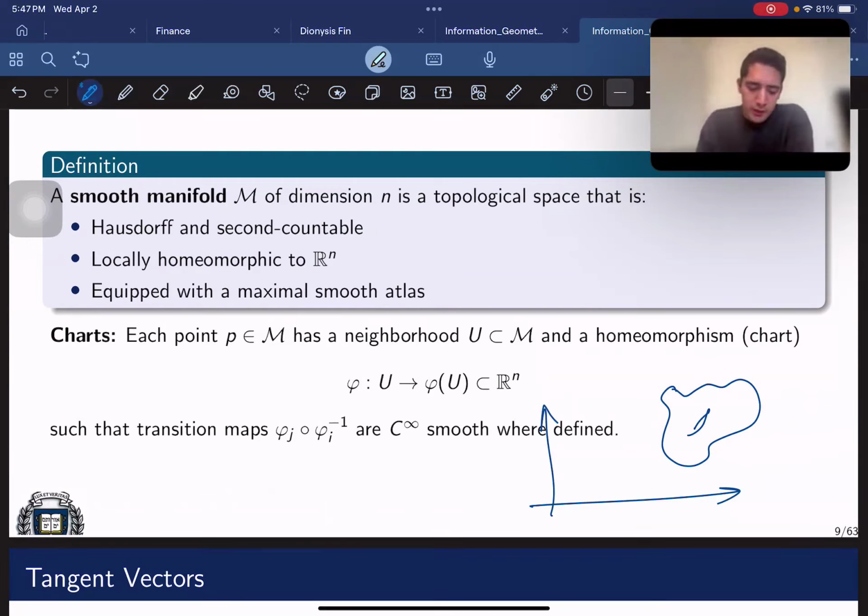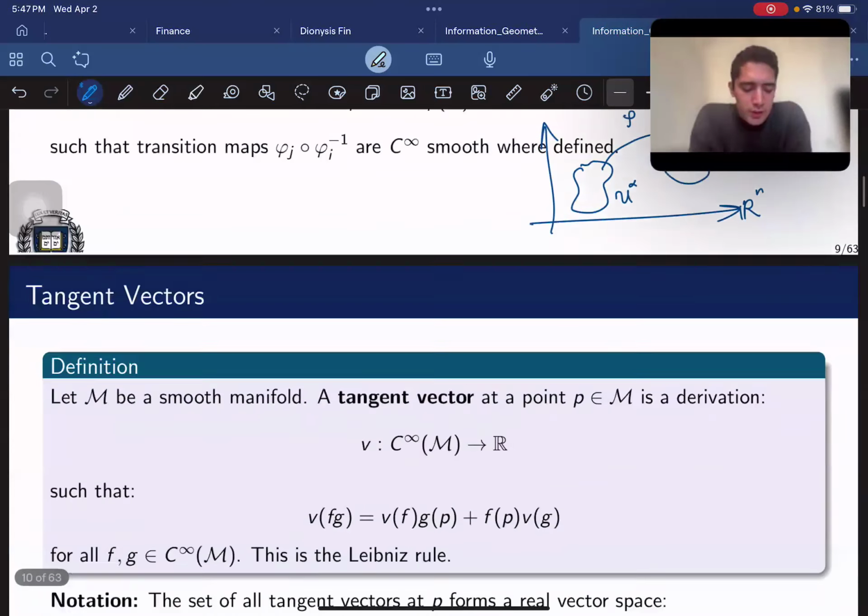So, given R^n and charts, if there exist coordinate charts which are homeomorphisms, and we assume that they're smooth, so we can differentiate them as much as we want, then this is a smooth manifold. So it's just a generalization of Euclidean space.